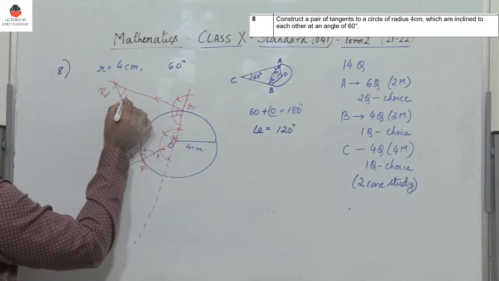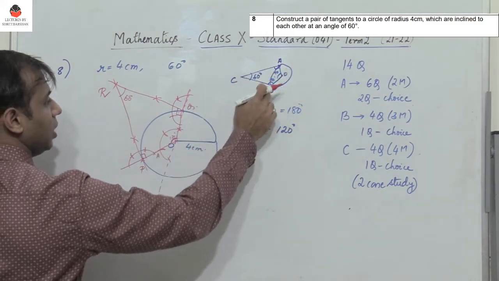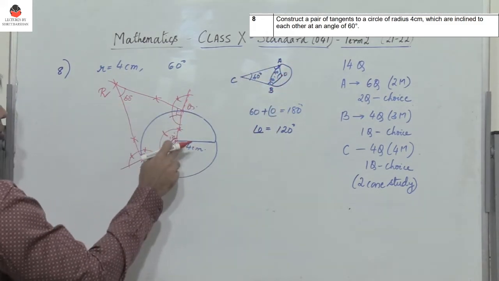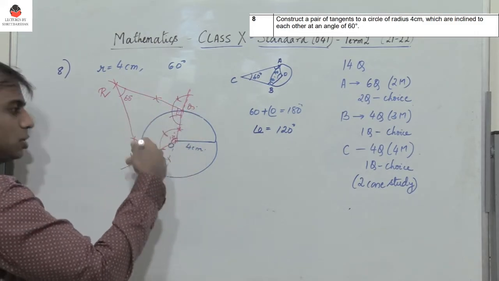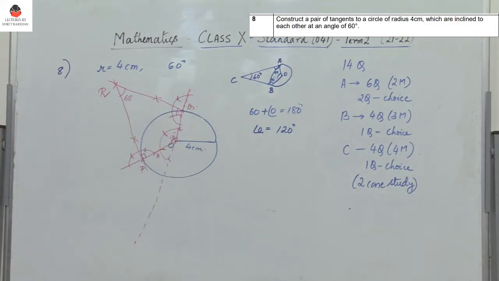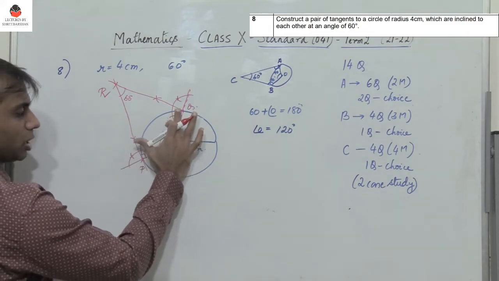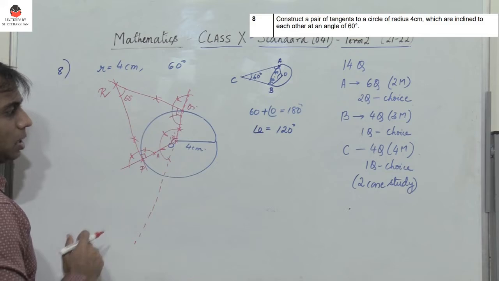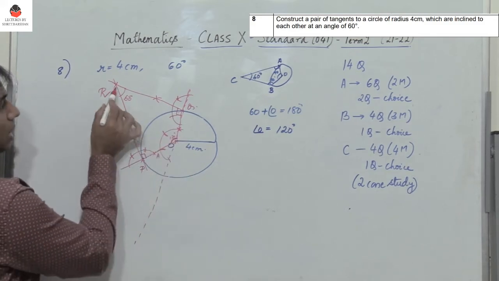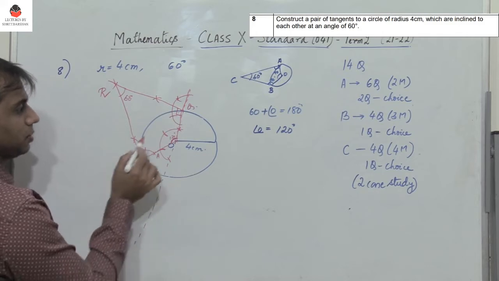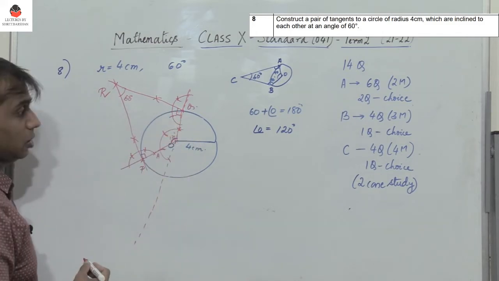So now this angle will be 60 degrees, right? So here it is R, Q, O and P. So what have we done? First, we drew a circle of radius 4 centimeters. Then I make sure that I construct two radii which are at an angle of 120 degrees. And then I construct a tangent such that the tangent and the radius are at an angle of 90 degrees.